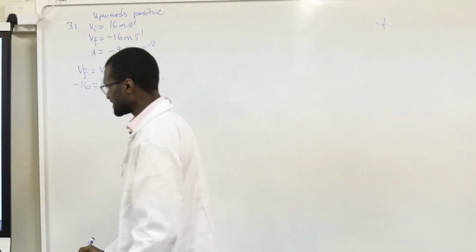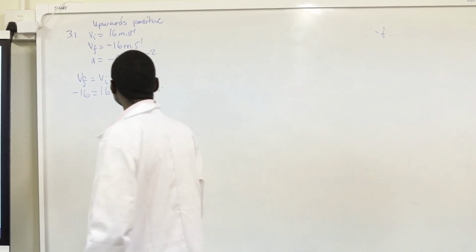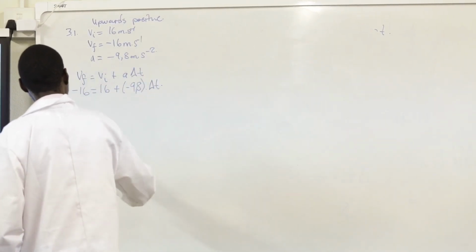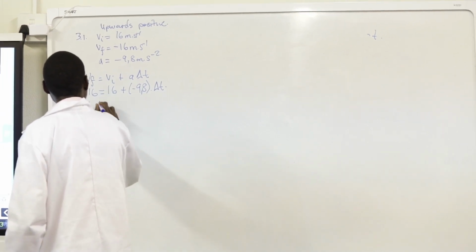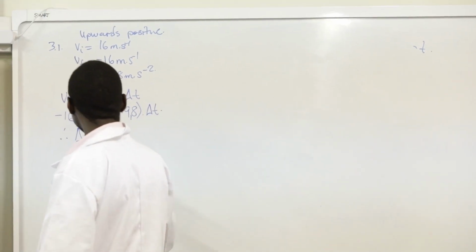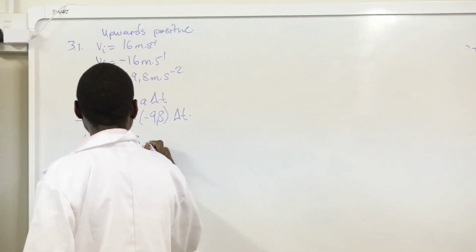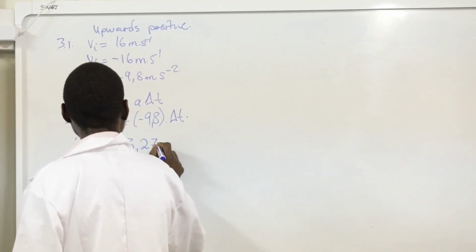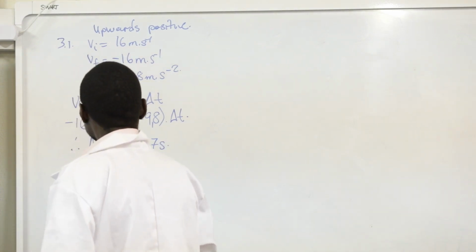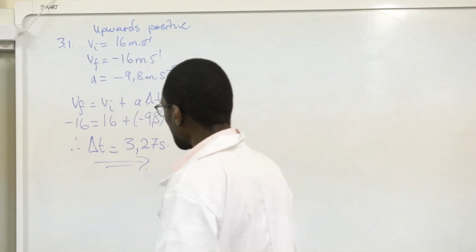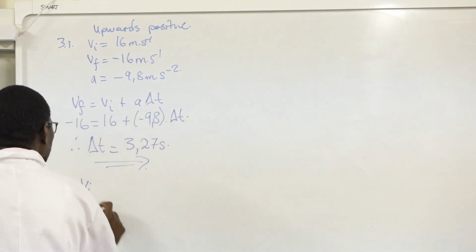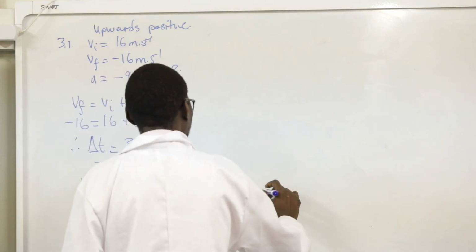Because I've chosen downwards to be negative and upwards to be positive. Therefore, the value of delta t, if you calculate it properly, should be equal to 3.27 seconds.